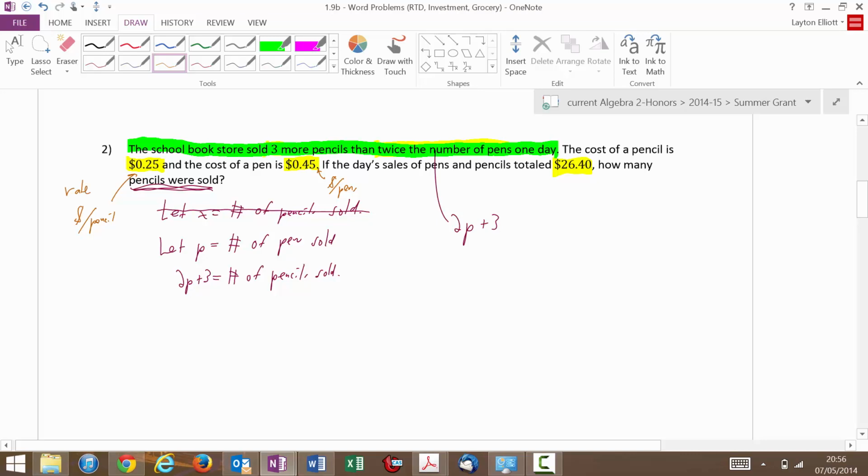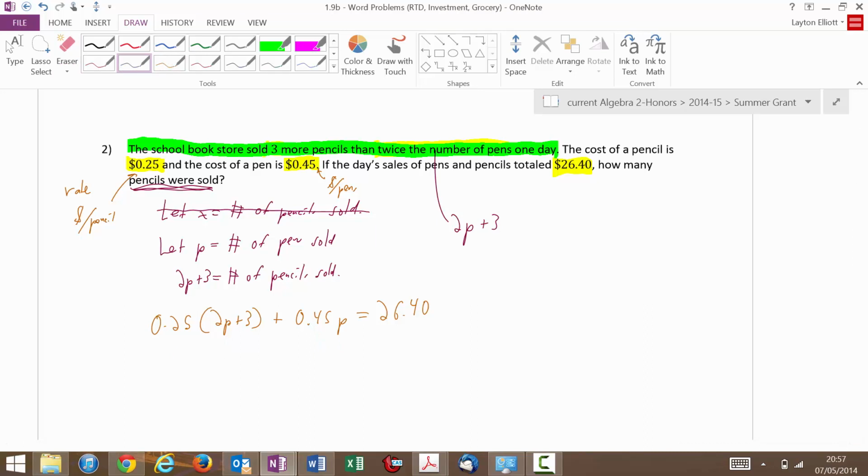If I took that rate, 25 cents, and multiplied it by the number of pencils, the 2p plus 3, and then added 45 cents for the pen times the number of pens, which was just p, you're going to have the total amount of money you made for the day. That equation should make sense. The cost of the pencil times the number of pencils plus the cost of the pen times the number of pens is equal to the total amount you're going to make for the day.